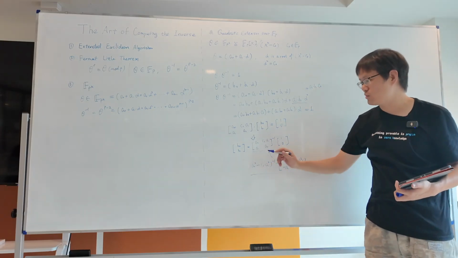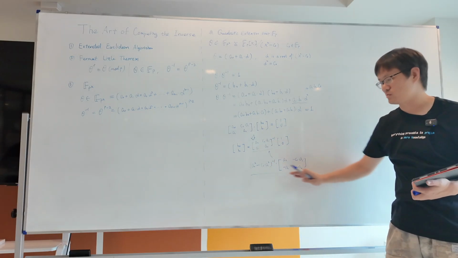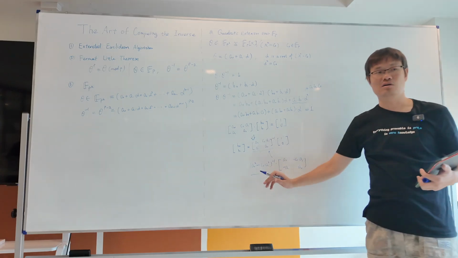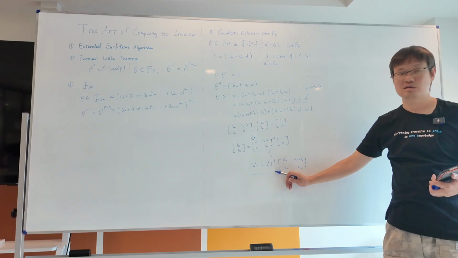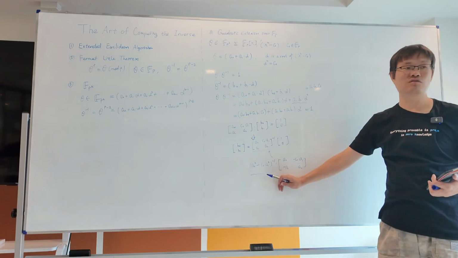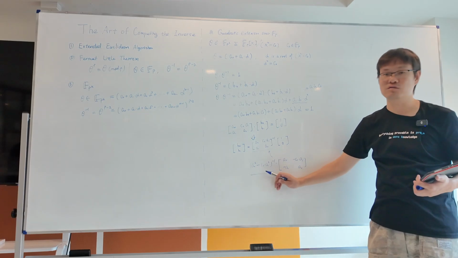Now we inverse the matrix and we got this one. Okay, now we have to do an inverse here, right? So this inverse is over the base field. It's an inverse over FP.